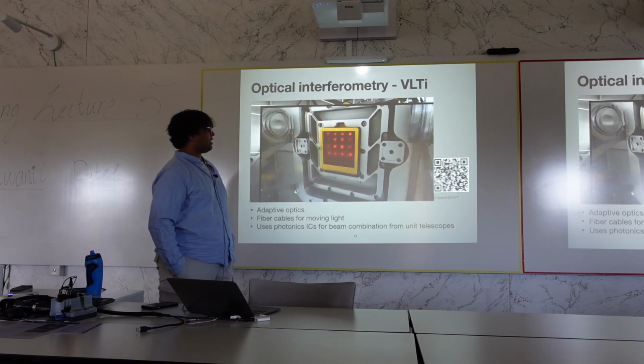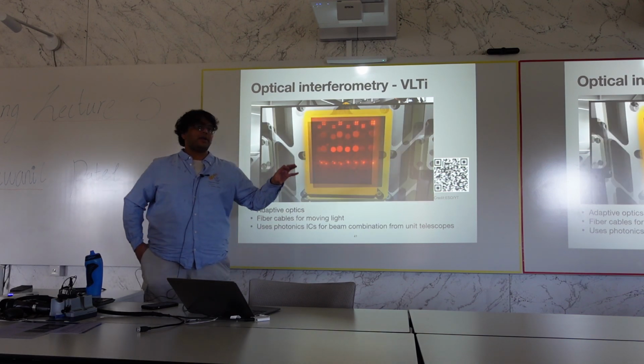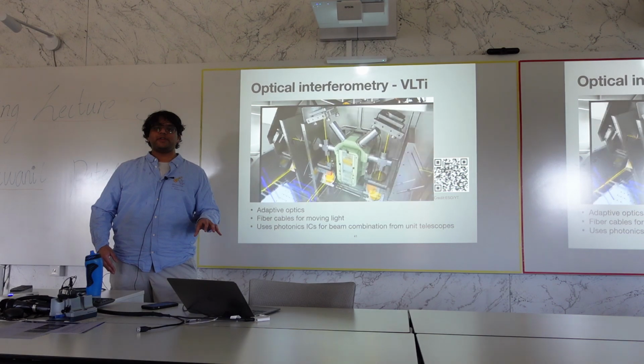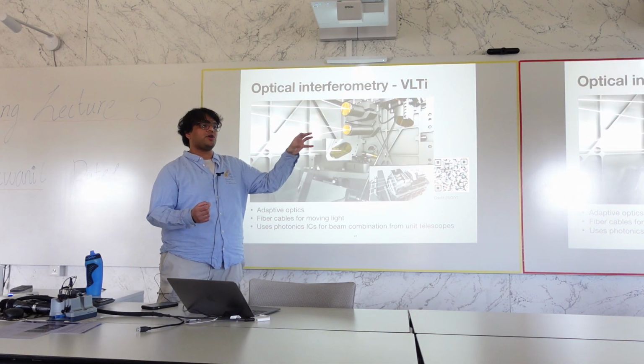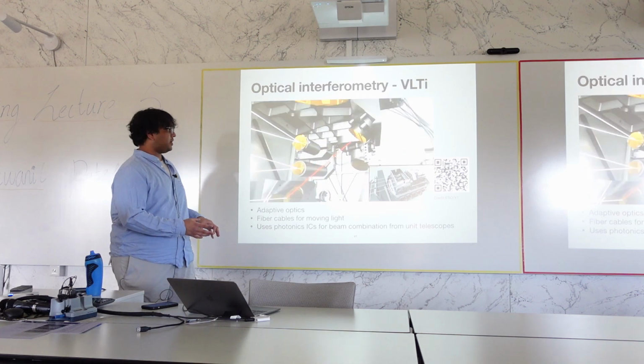So you split the light again, and the GRAVITY instrument has its own adaptive optics system to make sure that the small changes you have from your unit telescope to the instrument are corrected as well.